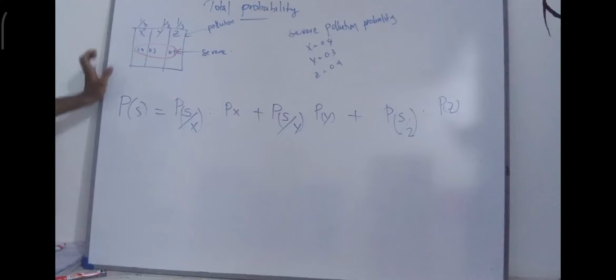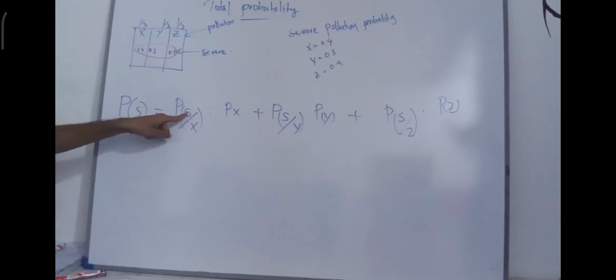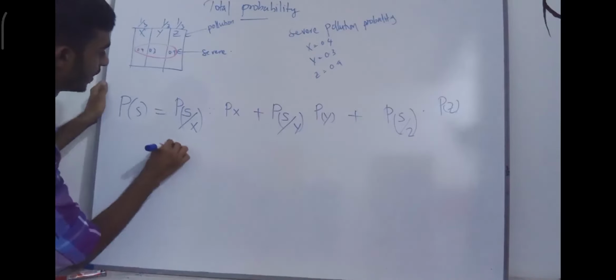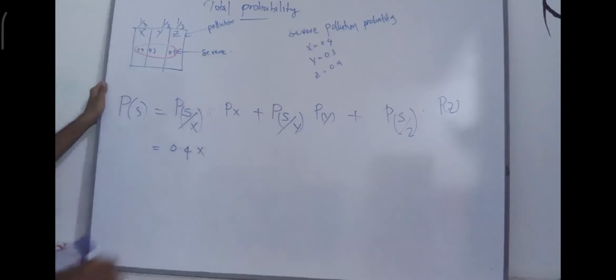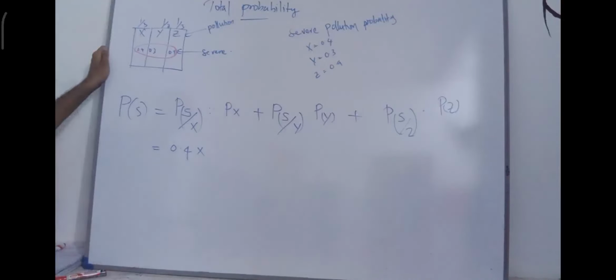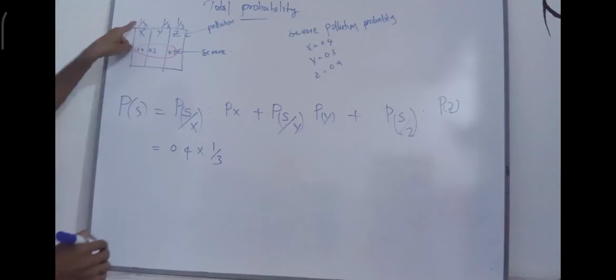Which means when the city is X, the severe pollution probability is 0.4, into the probability of X, which is 1/3.